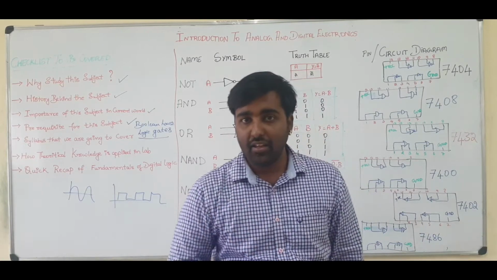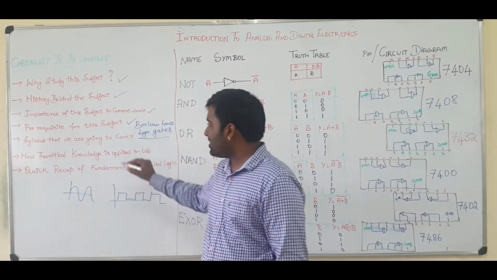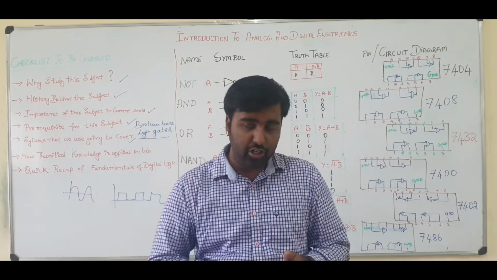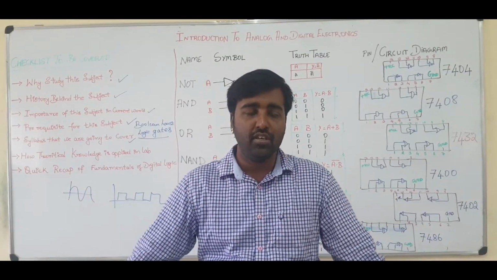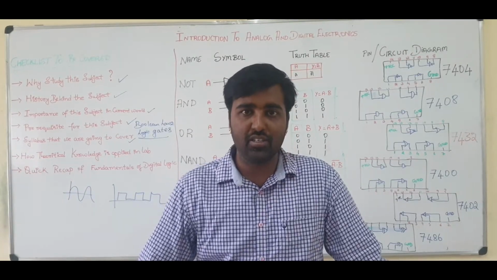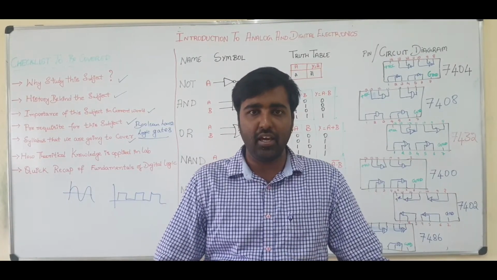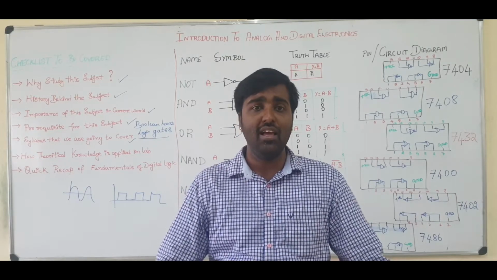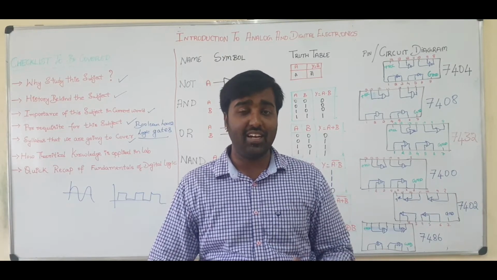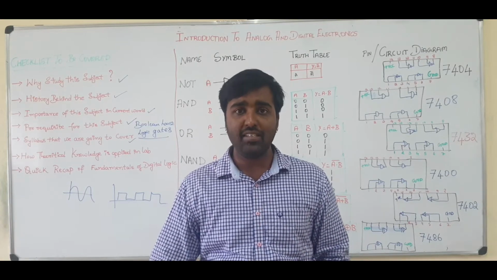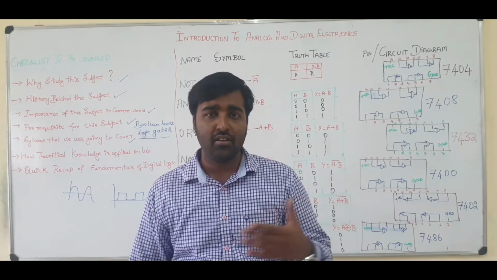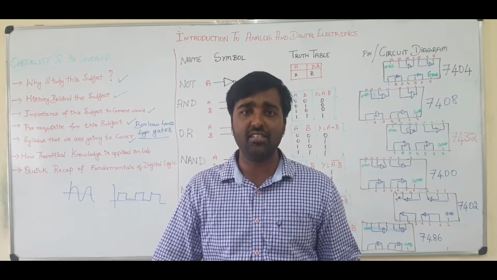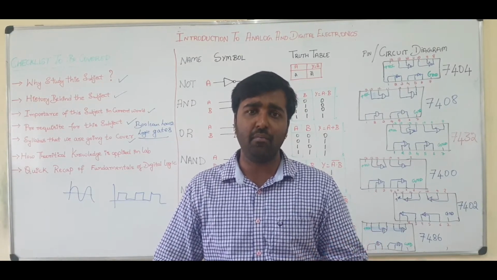Next, what is the syllabus that we are going to cover? From the syllabus point of view, you have about 5 modules, in which the first module is a theoretical module where we'll be studying the electronic devices and their components, working principle, advantages, disadvantages and applications. Whereas the remaining 4 modules, the second, third, fourth and fifth, mostly deal with the problem-solving part.